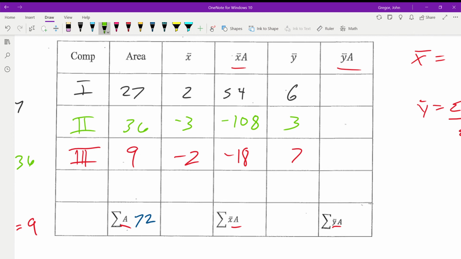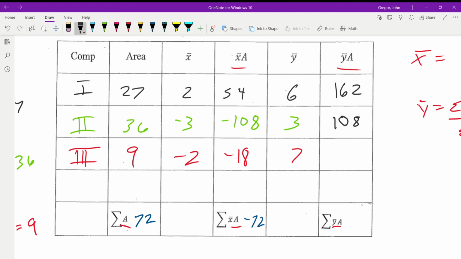So we have 54 plus negative 108 plus negative 18, which gives us a total of negative 72. Now we do the same thing over here. 27 times 6 gives me 162. 36 times 3 gives me 108.